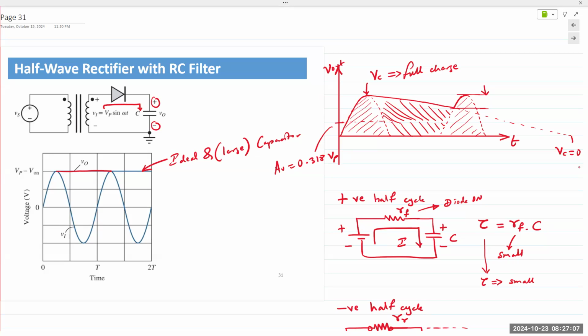So the point being made was, if we calculate the capacitor value such that we can try to get as much of a flat line as possible. But the earlier statement I made was there's a fine line between trying to get the capacitor value as large as possible versus having it small enough so that it reaches full charge.